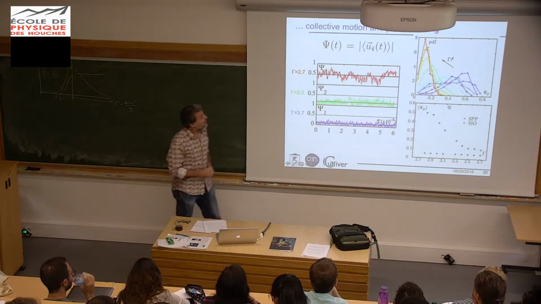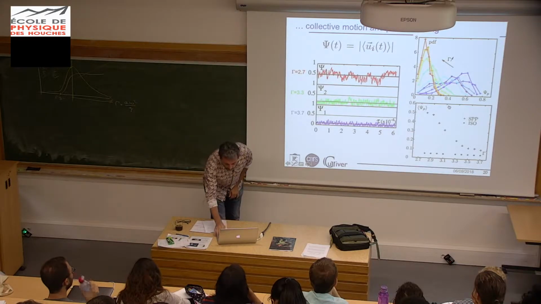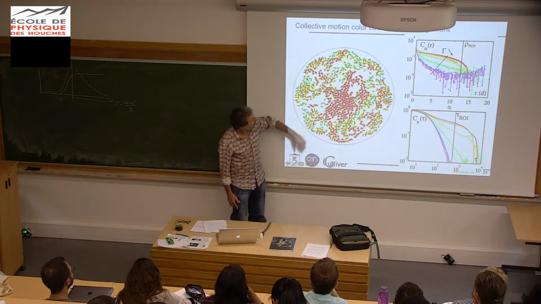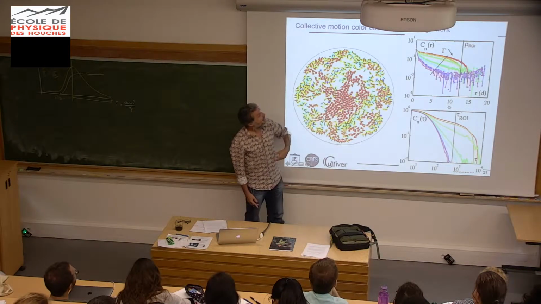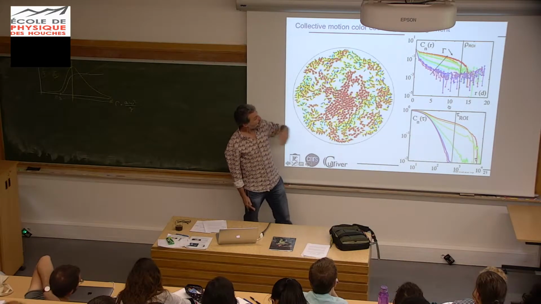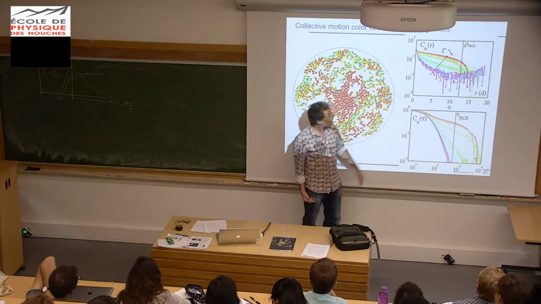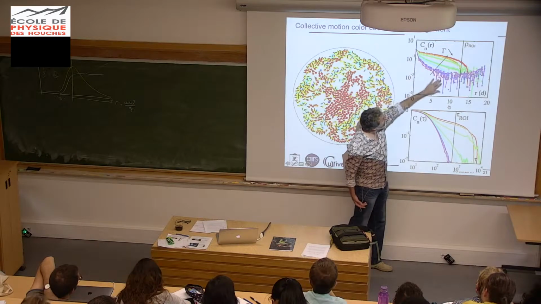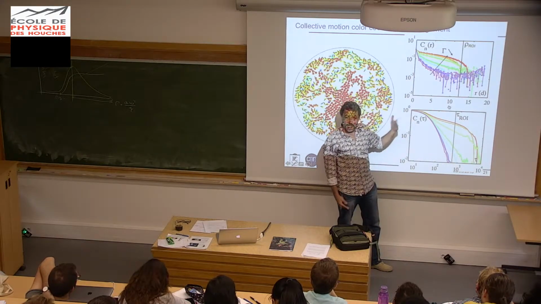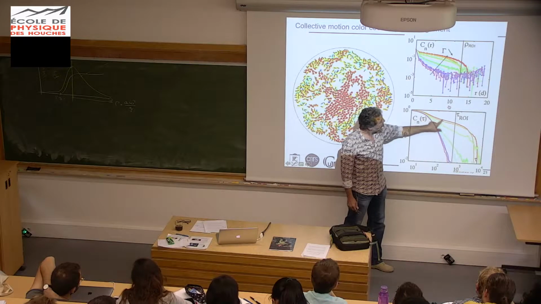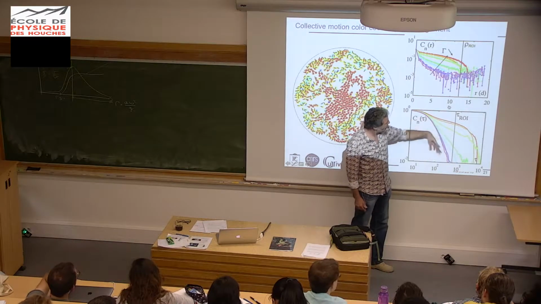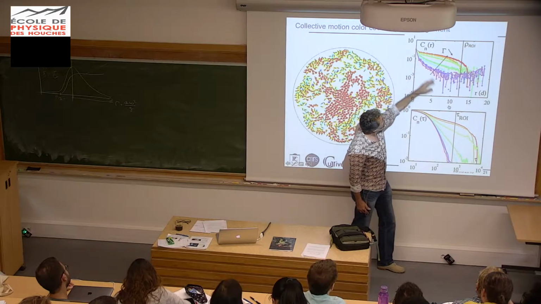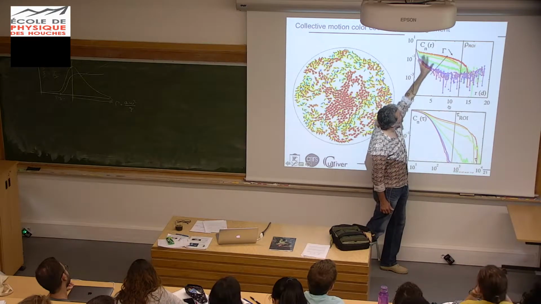Okay, so we can be more precise by computing correlation functions. Again, these are experimental data, hence the fact that I used the projector. Here you see a nice flock, and you can compute the spatial correlation function or the temporal correlation function. When the noise is large, they decrease more or less fast. And clearly there is a change of behavior when you decrease the noise. Here it goes to some kind of plateau. This is in log-log, and here in log-lin, so here it's more like exponential, and here you see the curvature has changed.